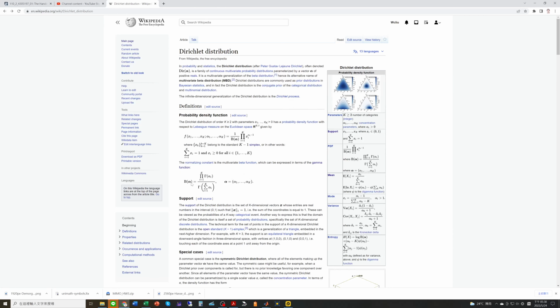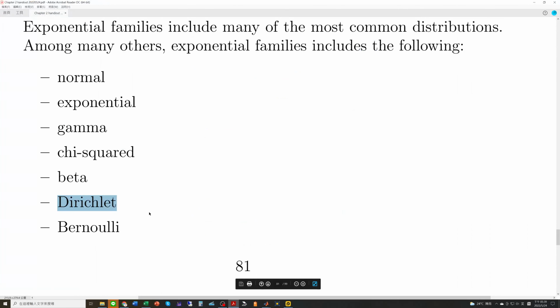Okay, beta of alpha is equal to the product i is equal to 1 to capital K, gamma of alpha_i over gamma of summation i is equal to 1 to capital K alpha_i, where the bold alpha is a vector with elements alpha_1 to alpha_K. Okay, this is the Dirichlet distribution. Okay, let us go back to the handout.